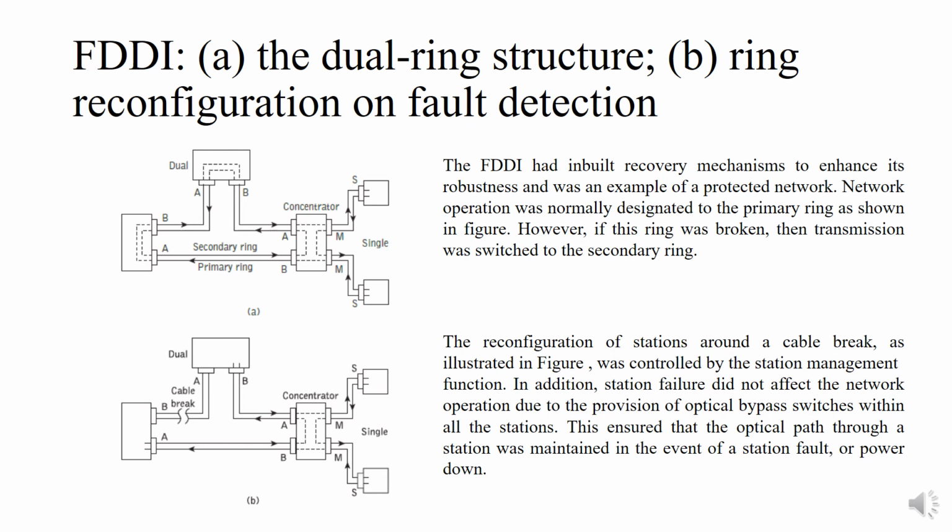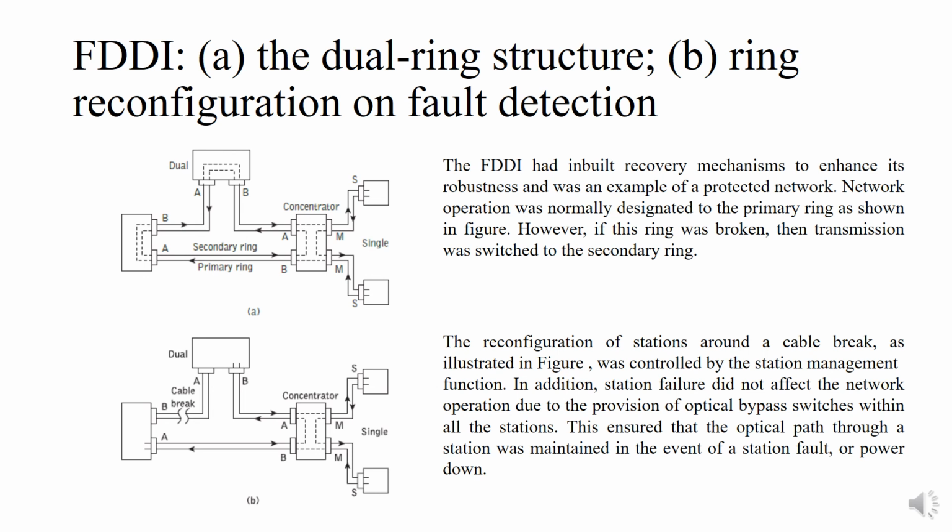Similarly, if we see figure B, the reconfiguration of stations around the cable break is illustrated. So this is controlled by SMT. As I mentioned, FDDI has one feature called SMT that controls the processes within the stations, including fault tolerance, link quality and so on.